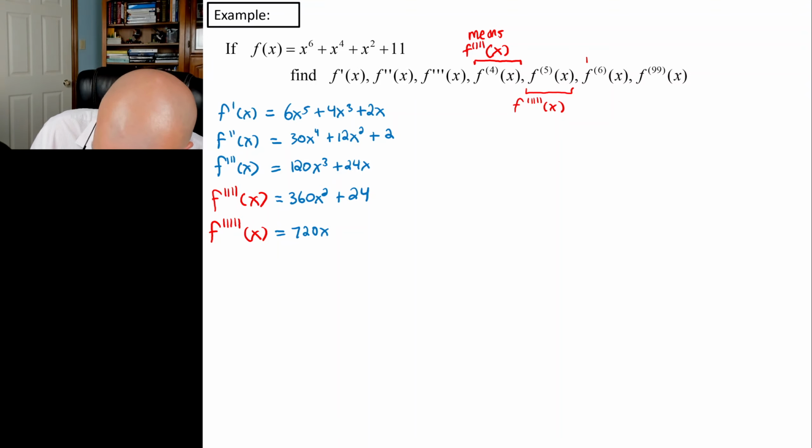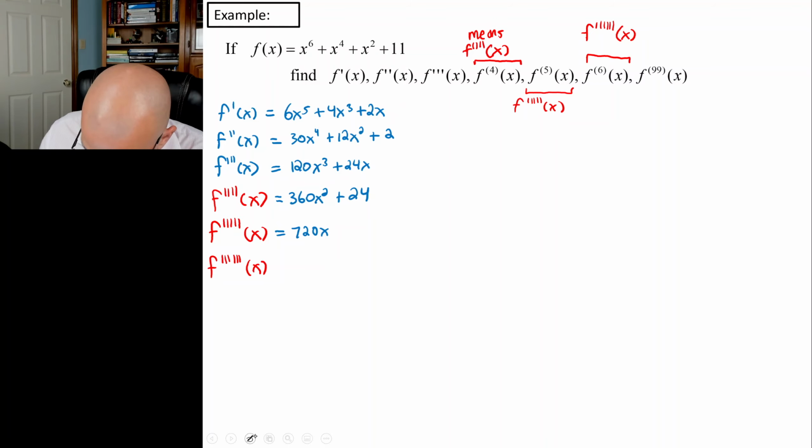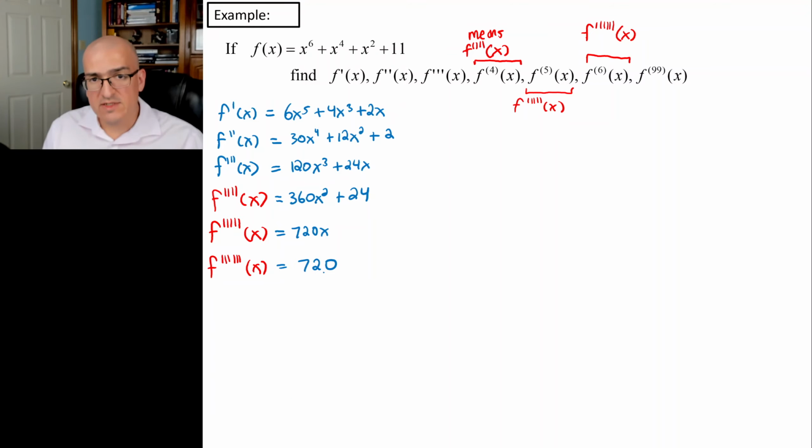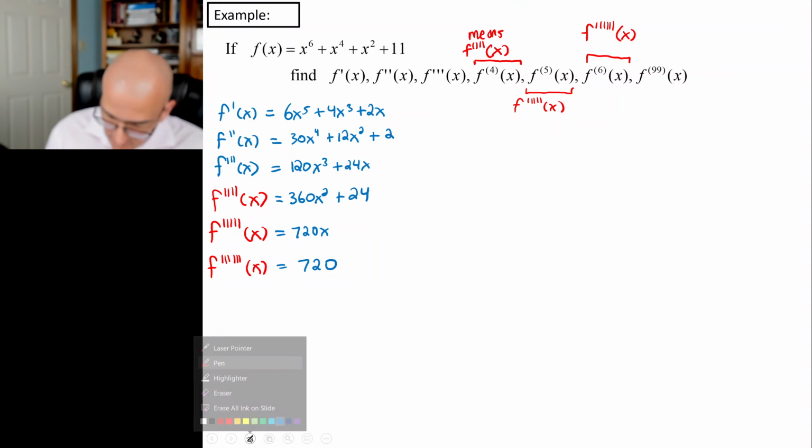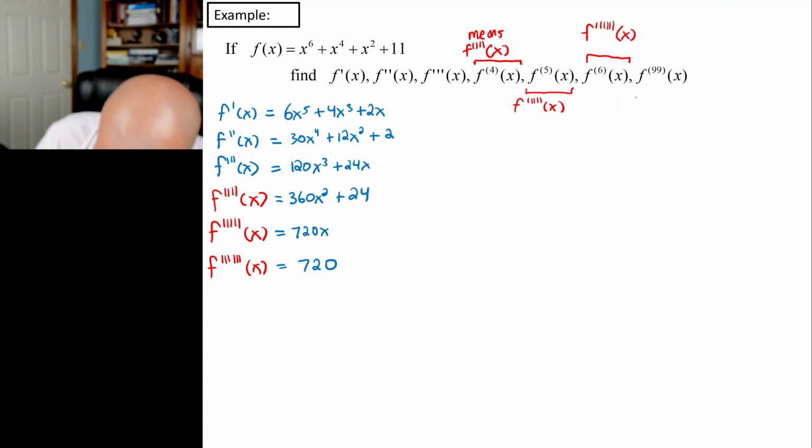Now we have derivative number 6, with 6 primes, 720. And now it's asking us for the 99th derivative.